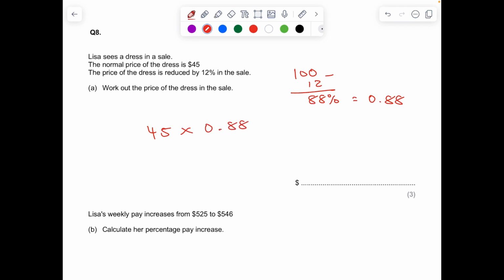And you can just pick up your calculator and do that. And that gives you $39.60. Remember, you should put 2 decimal places when you're talking about money. However, in the mark scheme, it did allow full marks for those of you who put 39.6. But you should put 2 decimal places.